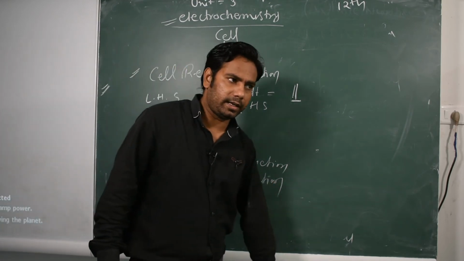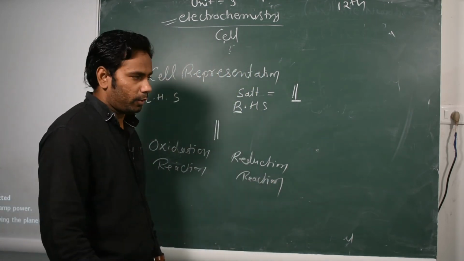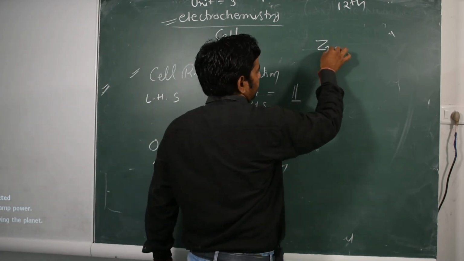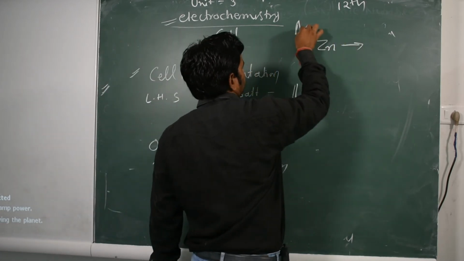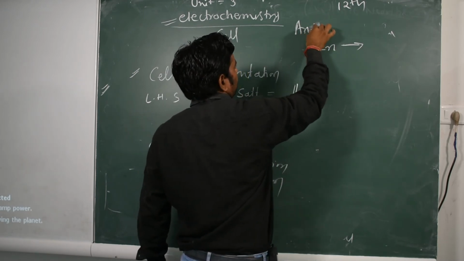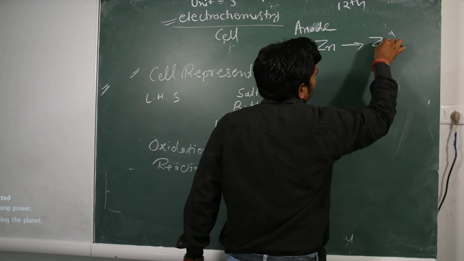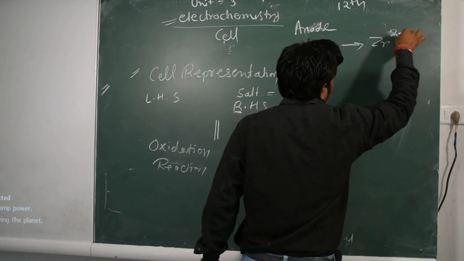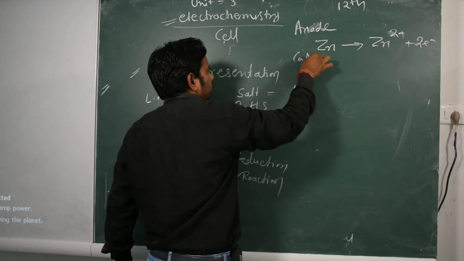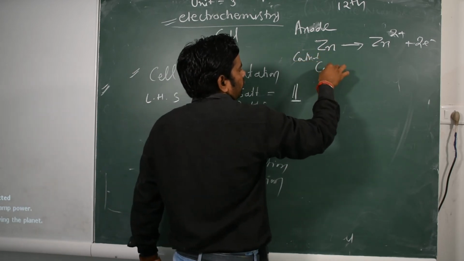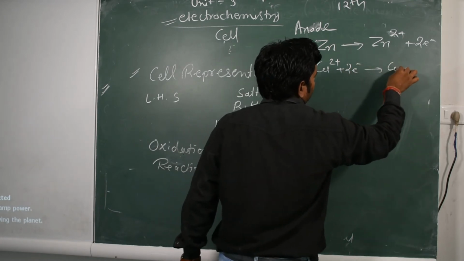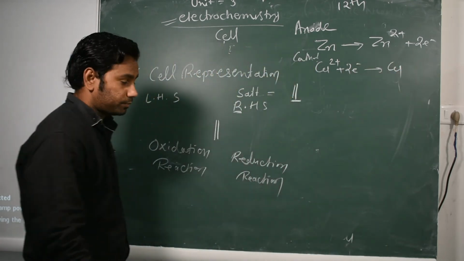Suppose we take the galvanic cell again. We already know about the galvanic cell, with two types of electrode. One is zinc, so at the anode, zinc gives Zn2+ with removal of 2 electrons; at the cathode, Cu2+ accepts 2 electrons and converts into Cu. Clear?